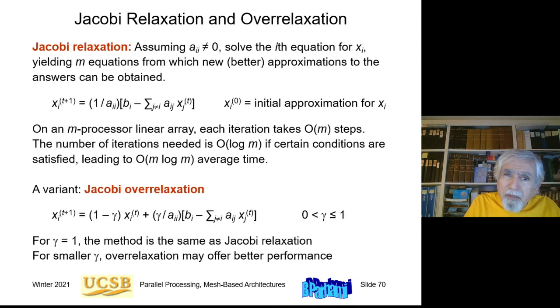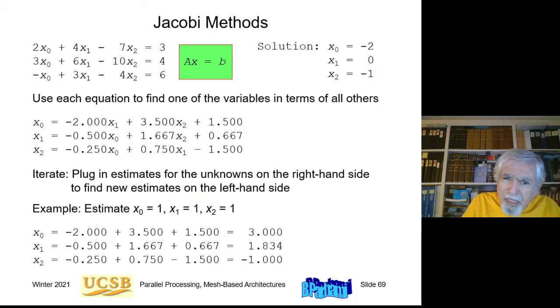Now, a variant of Jacobi relaxation is called Jacobi over relaxation. One disadvantage of Jacobi methods is that sometimes you get oscillations. So, for example, in this set of equations, let's say you start with guesses 1, 1, and 1. You have no idea what the values are, so let's say all three of them are 1s.